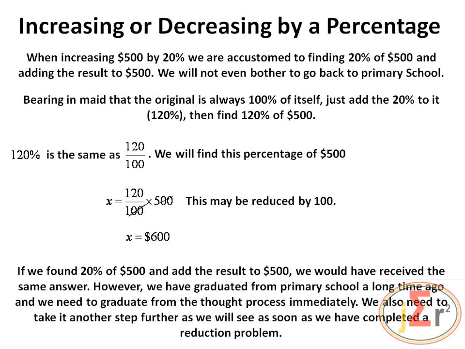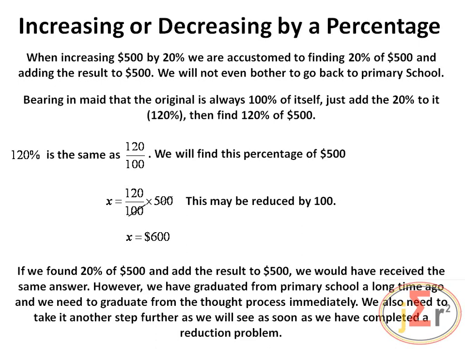However, we have graduated from primary school a long time ago, and we need to graduate from the thought process immediately. We also need to take it another step further, as we will see as soon as we have completed a reduction problem. We have an increase problem, so we are going to have a reduction problem, and then take the increase and decrease a step further.